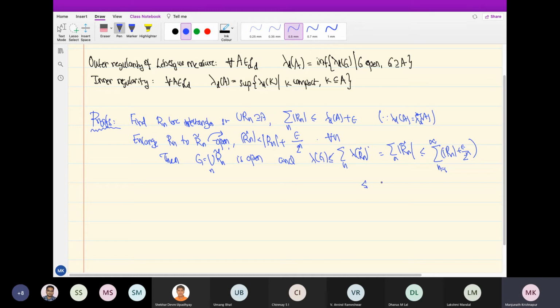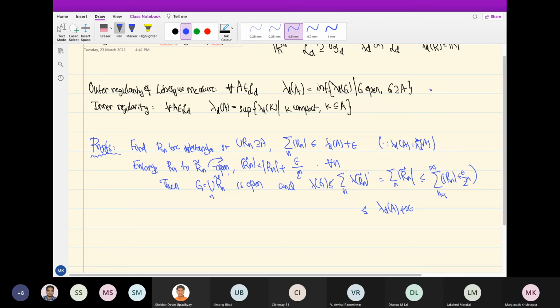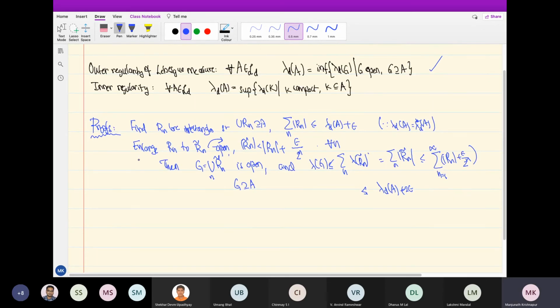We know that that is at most lambda d of A plus epsilon. And what do these epsilon by 2 to the n add up to? Another epsilon. So we get that this is this. So this proves outer regularity. Right? Given any epsilon, I found a G open which contains A, because R_n tilde is even larger than R_n. So nothing is lost. Okay, that's the outer regularity proof.